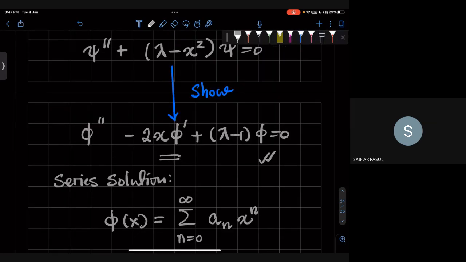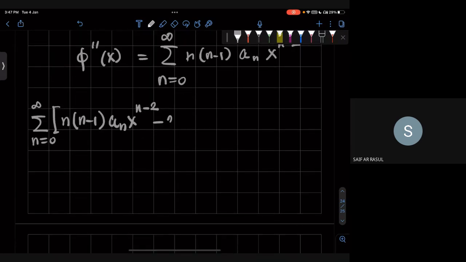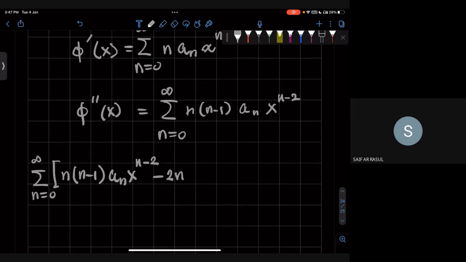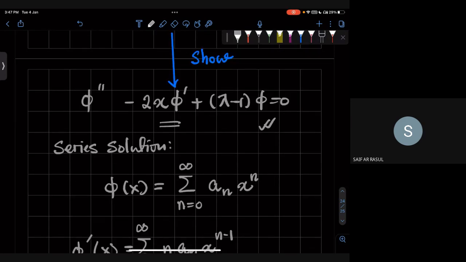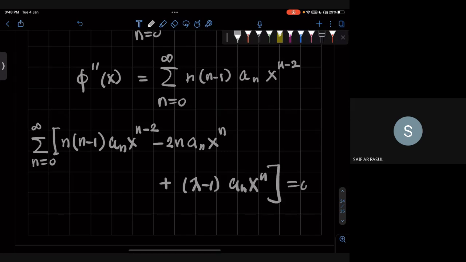And then we have a term which is minus 2x phi prime, so we get minus 2n a_n, and then we had x to the power n minus 1, but there's a factor of x there, so this will be x to the power n. And then we have (lambda minus 1) a_n x^n, and this thing equals 0. So we have converted our differential equation to an infinite number of algebraic equations. Okay?